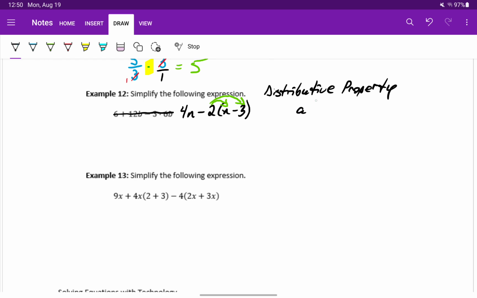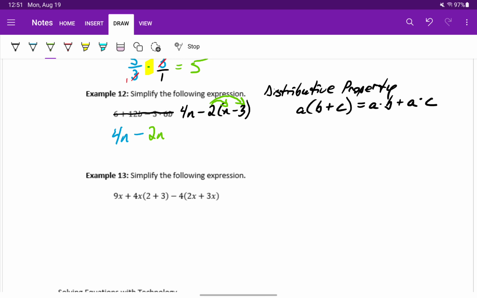The distributive property tells us that if we have some value a times a quantity b plus c, that's the same thing as a times b plus a times c. We'll use that property here to rewrite this expression as 4n minus 2n. Since that's a negative 2, that negative carries through.